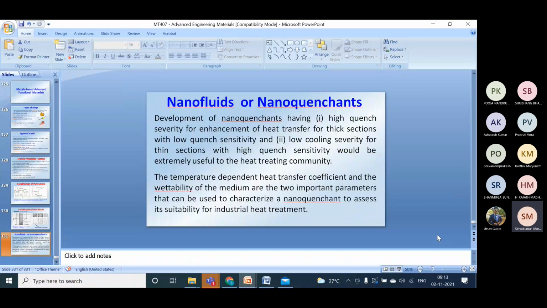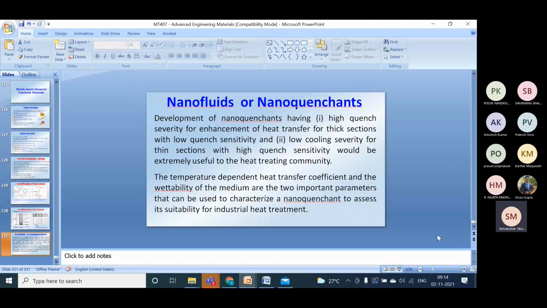This would be extremely helpful to the heat treating community. And the temperature dependent heat transfer coefficient and the wettability of the medium, I mean the media and your steel based product, that ratio, all these things are very important.